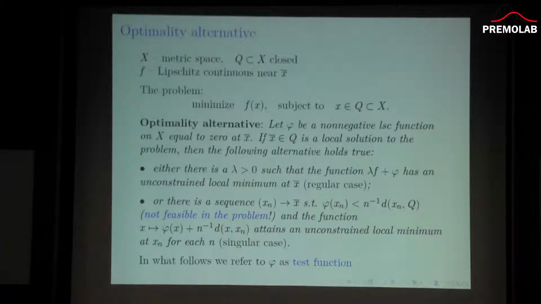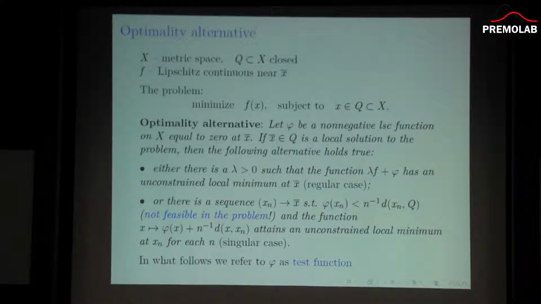In this case, if x bar is a local solution of the problem, then the following alternative always holds. Either there is a lambda such that this function has an unconditional local minimum, or there is a sequence xn converging to x bar such that the value of this function at xn is very small compared to the distance from xn to Q, and xn do not belong to Q. They are not feasible points in the problem.